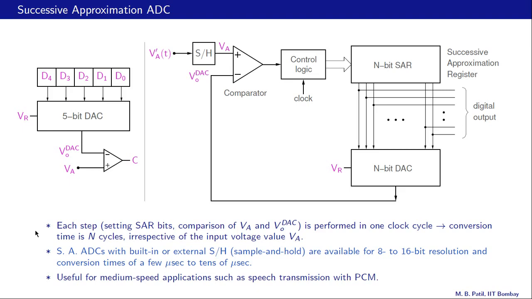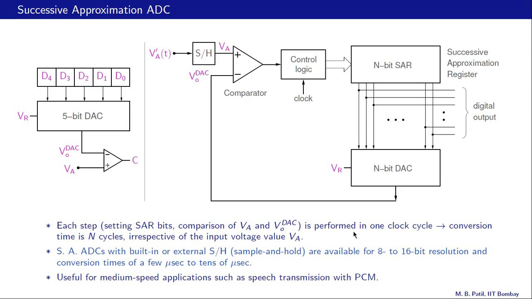Let us make a few remarks. Each step, that is setting of the SAR bits, these bits for example, and comparison of VA and VO DAC, this comparison, is performed in one clock cycle, and now we are referring to this clock signal here.